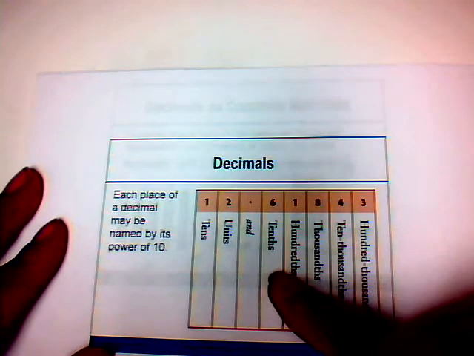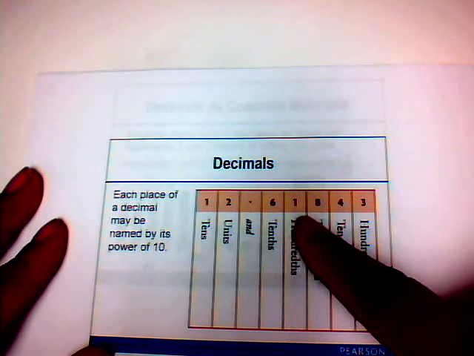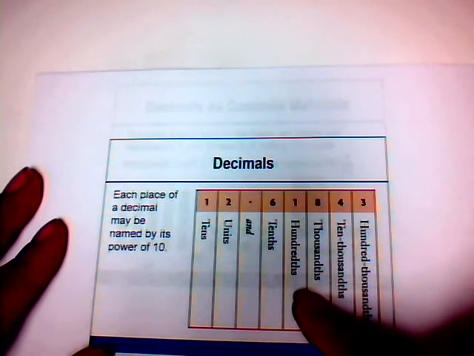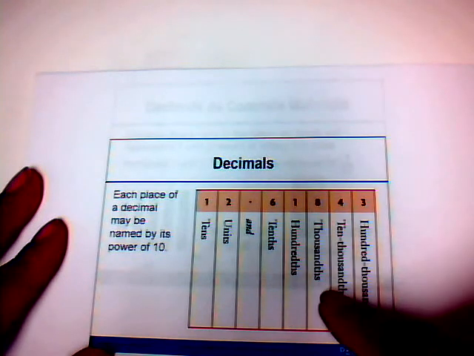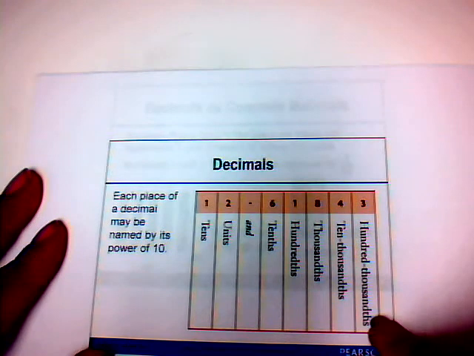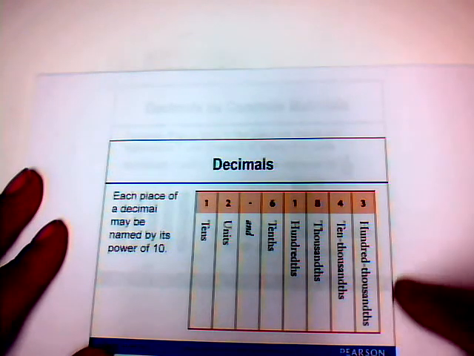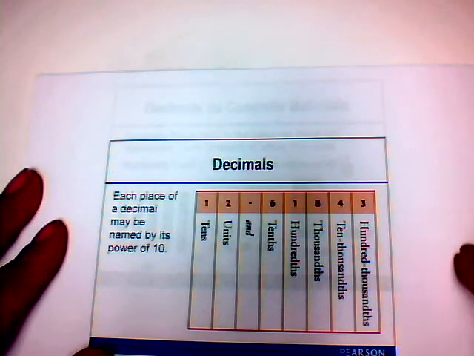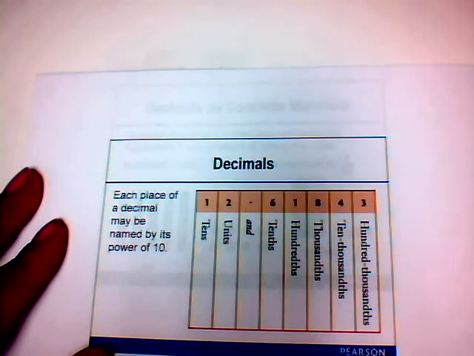The first number after the decimal point is the tenths place. The second number after the decimal point is the hundredths place. The third number after the decimal point is the thousandths, then 10,000ths, 100,000ths, then it goes on to millionths, 10 millionths, 100 millionths, billionths, and so on.